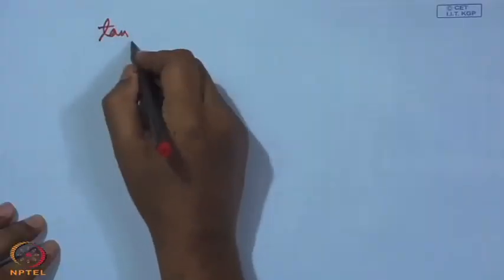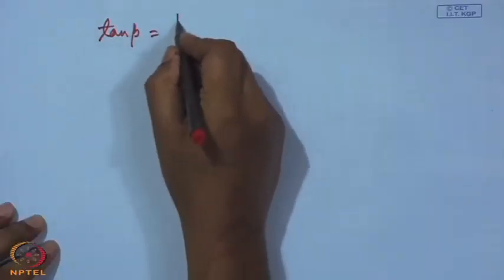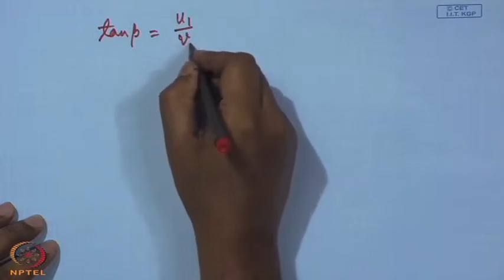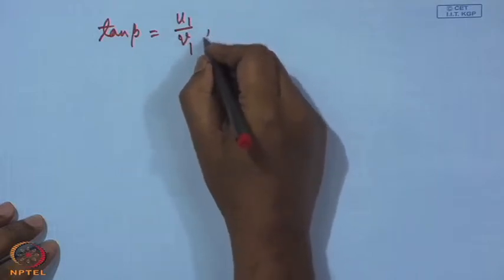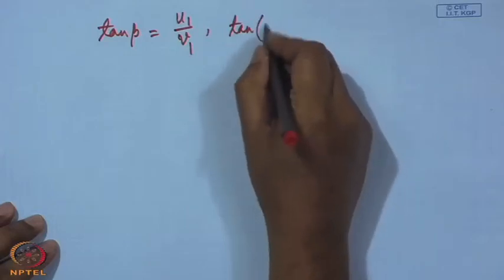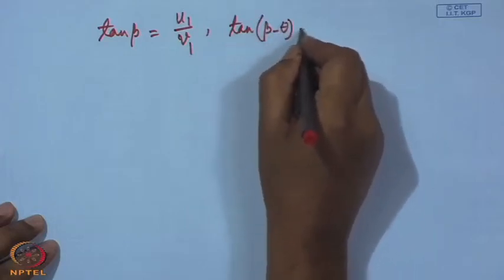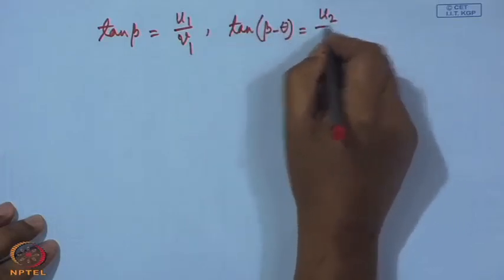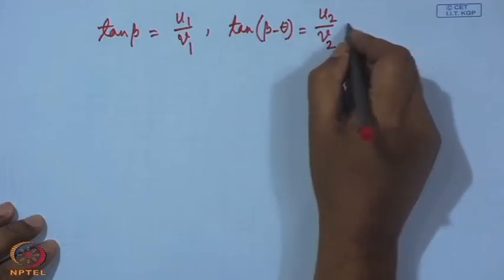Now, let us see that we also have tan beta equal to u 1 by v 1, and tan of beta minus theta is u 2 by v 2, and v 2 is of course v 1.